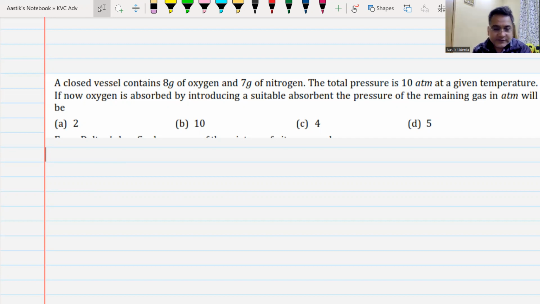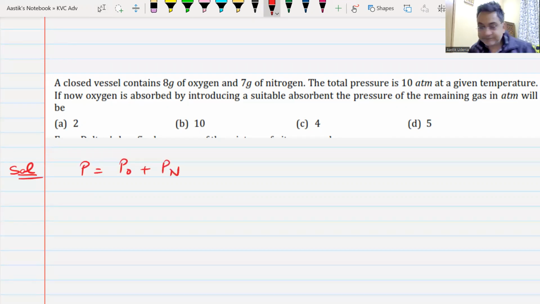How are you going to do this? So total pressure is pressure of oxygen plus pressure of nitrogen. That will be equal to RT by V taken common, times 8 by 32 plus 7 by 28.